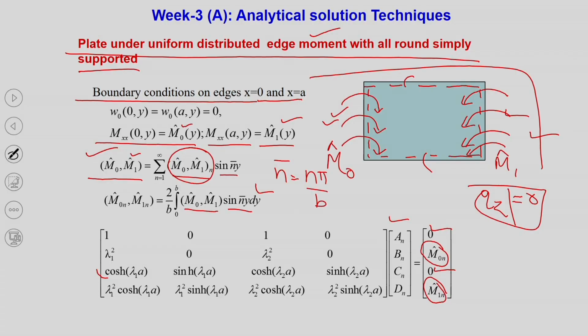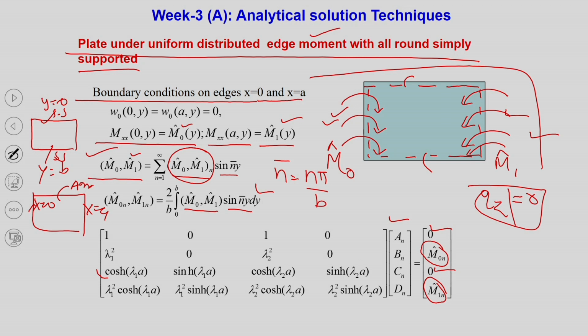Further, I would like to say that for the Levy solution, in the present context, I have taken y is equal to 0 and y is equal to b simply supported. Similarly, one can choose x is equal to 0 and x is equal to a simply supported, and they may have any boundary condition at y is equal to 0. So you can switch over.